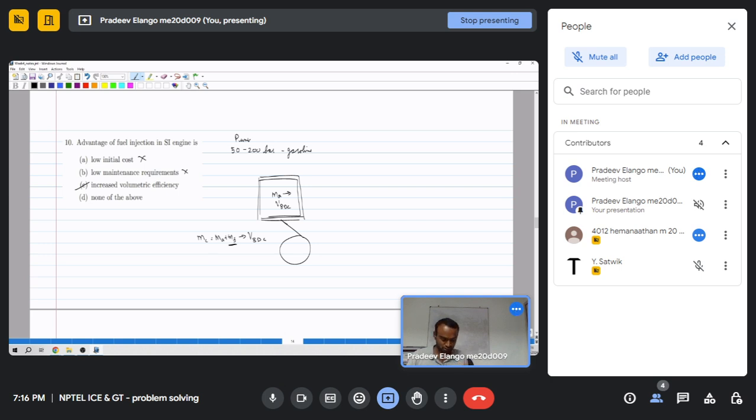That means, say this would be 15 to 1, right? So mass-wise, 1/15th of the volume is taken by the fuel. But now it is not the case. You even get more air going inside.